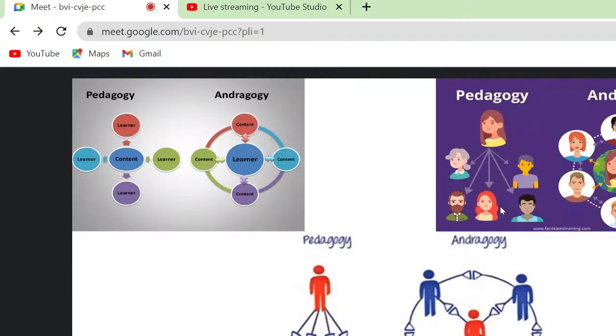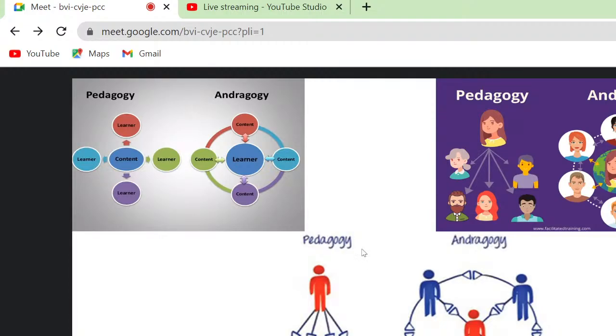This is what I was telling you. Few people generally pronounce it as pedagogy, some people pronounce it differently, and here you can see andragogy. Here you could see involvement of each and every person, and here it is nothing but one-way traffic.